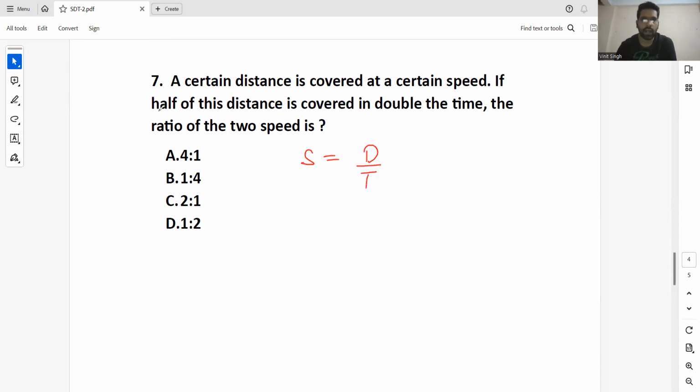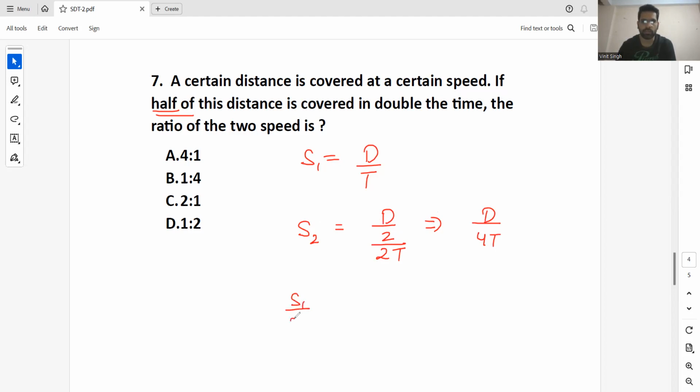Now, second, half of this distance, D by 2, and double the time, 2T. So we can write it in the form of D upon 4T. And we have to find the ratio S1 upon S2.